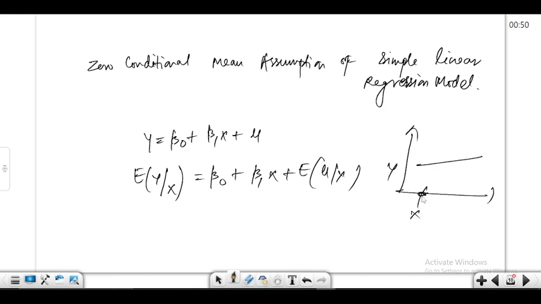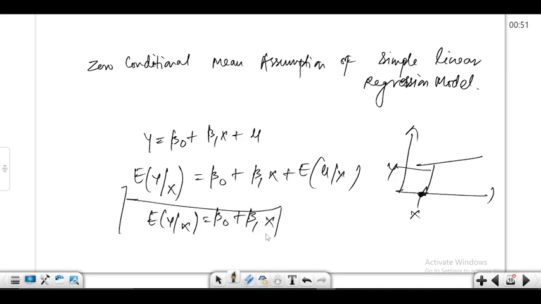For every value of x there will be a corresponding value of y. That is why the expected value of y given x. The expected value of beta naught is beta naught, and the same for x. So the model becomes that the expected value of y given x is equal to beta naught plus beta 1x. This assumption just makes my working very simple with the model.